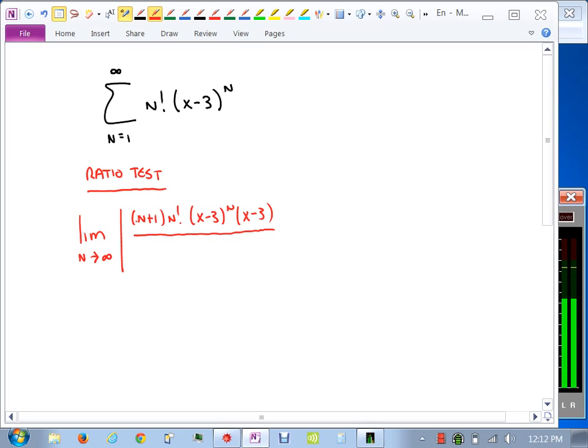There is no fraction here, so it's just a sub n plus 1 over a sub n, which is n factorial times (x minus 3) to the n.